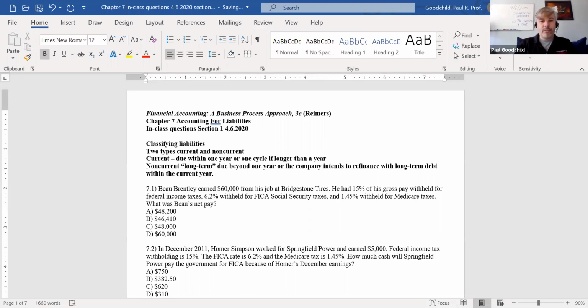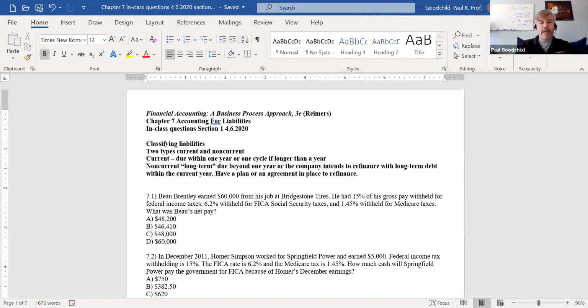And with the refinance, typically they'll have a plan or an agreement in place to refinance. So you still classify it as long-term, even if you plan to refinance it and it's coming due within the year.